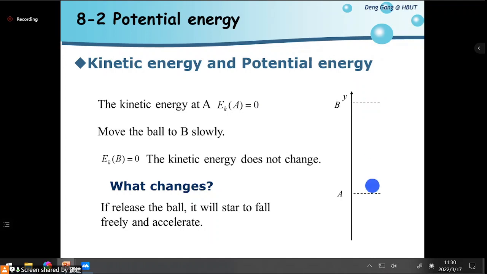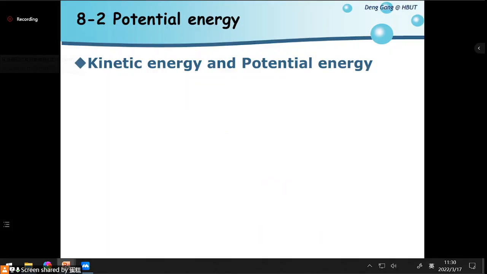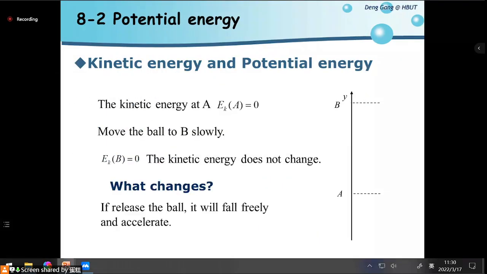If I release the ball, it will fall freely and go back to here. The kinetic energy will no longer be zero, and it should be equal to the work done by me moving it from here to here.